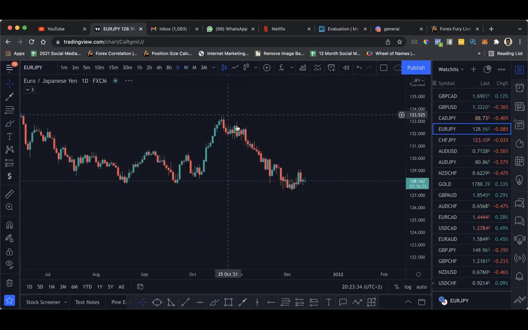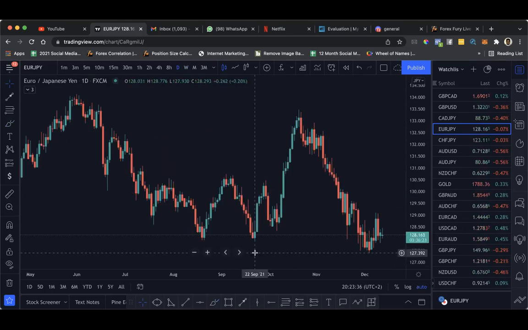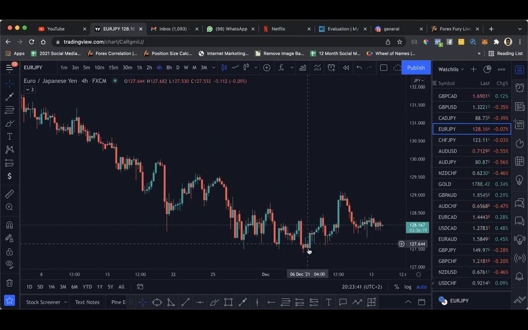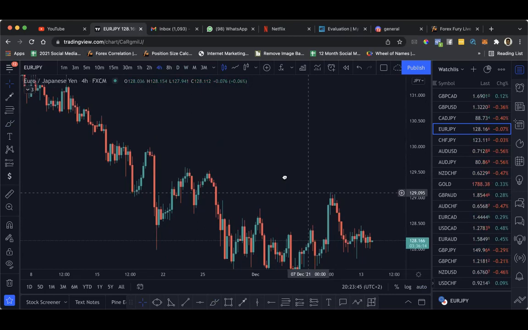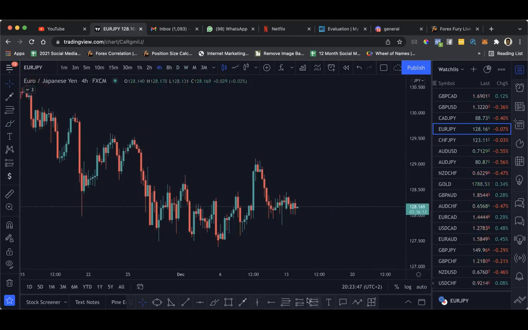Let's see if we find something on the daily. Nothing on daily. Let's go to 4 hours. All right, good. So check this out, guys. We see something on the 4 hours here. You can see price has given us a trend: impulse, correction, impulse.